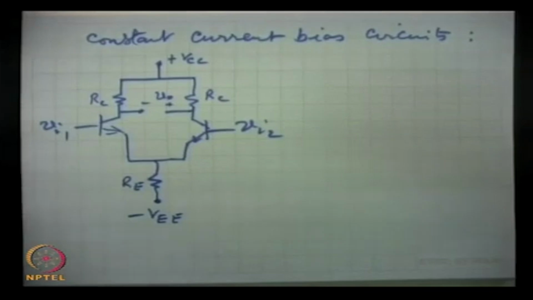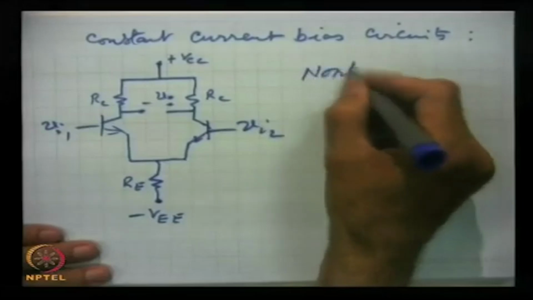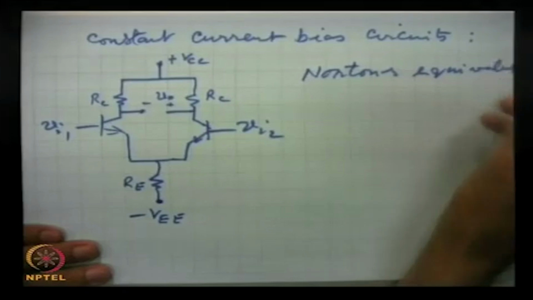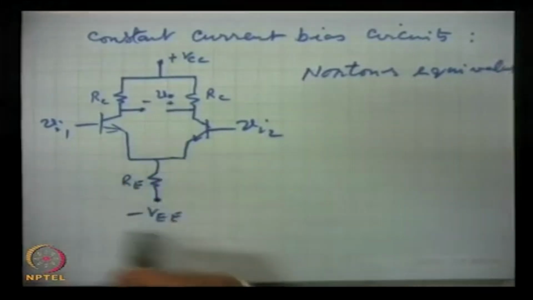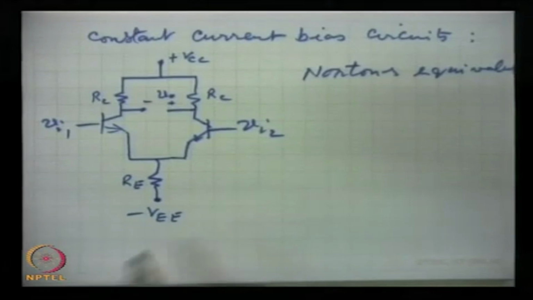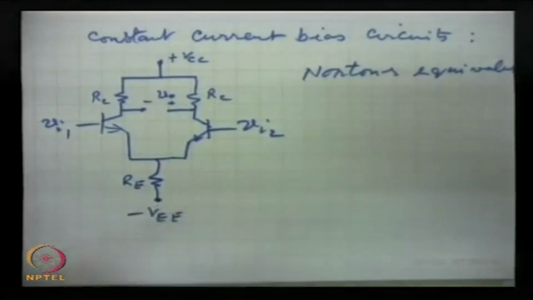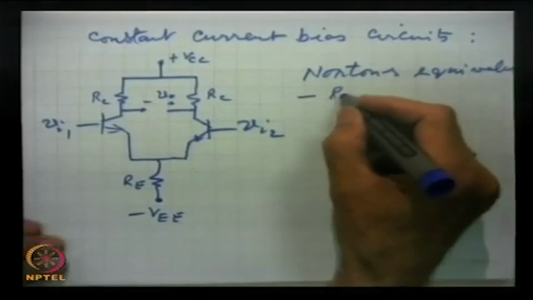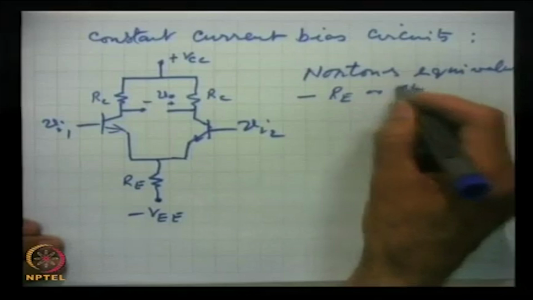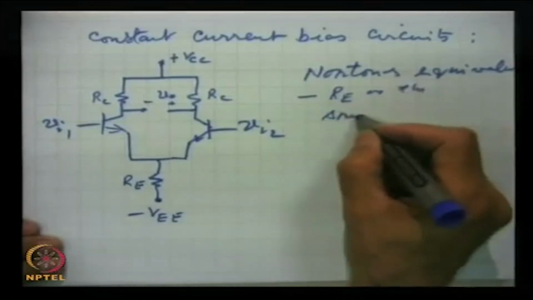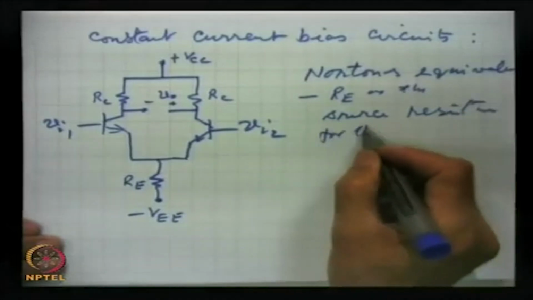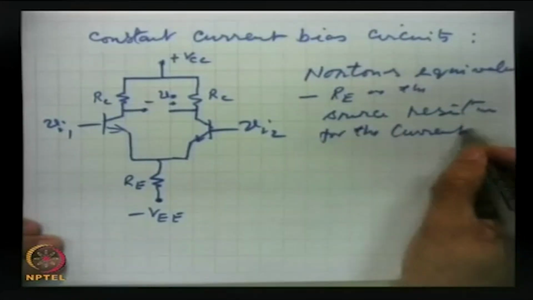Now, if we draw the Norton's equivalent of this circuit, then for that current source, Norton's equivalent will have Re as the source resistance for the current source.